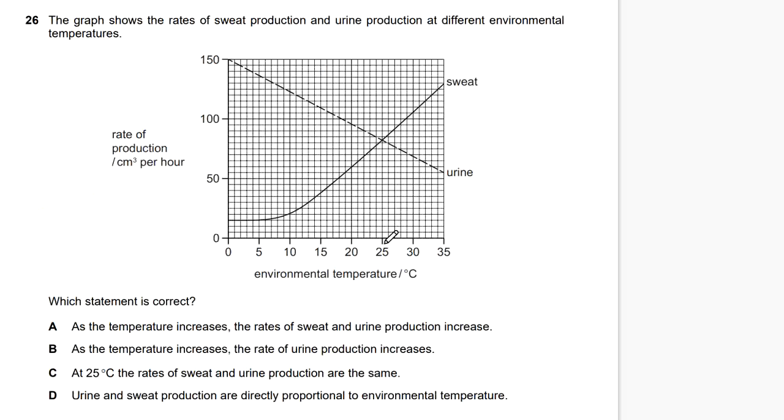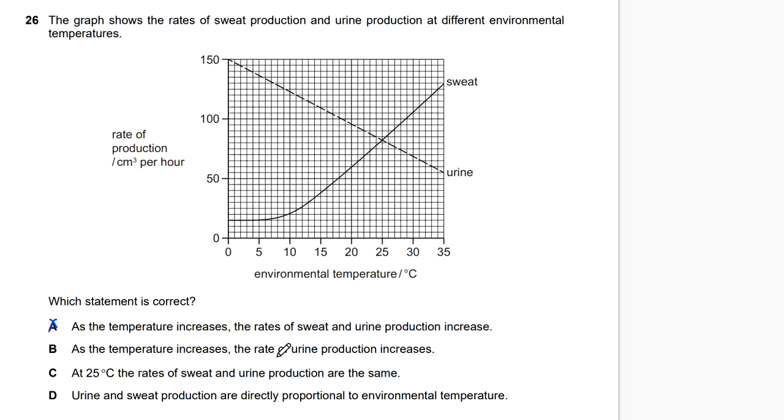The graph shows the rate of sweat production and urine production at different environmental temperatures. You will see here that the higher the temperature is, the higher is the sweat production. But that is not the same with that of the urine. So choice letter A is not true. As the temperature increases, urine decreases, while the sweat increases.